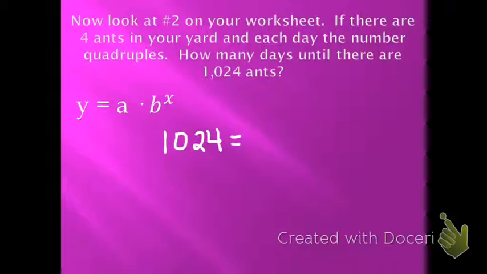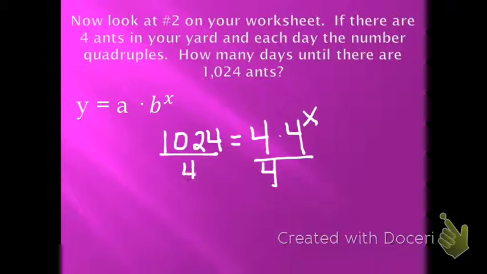We know we started with 4 ants, and each day they quadruple, but we don't know how many days, so that's where our x comes in. And then all we have to do here is solve. If we're solving for x, we're going to divide by 4, and those 4s will cancel each other out.